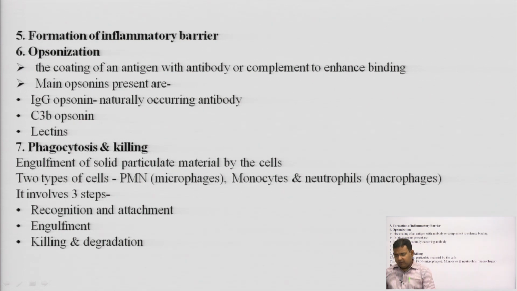Seventh one is phagocytosis and killing. So, engulfment of solid particulate material by the cell. This is a common process which you have also studied in first semester in anatomy and physiology. So, what is phagocytosis actually?